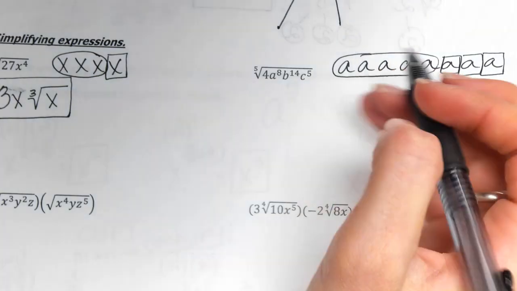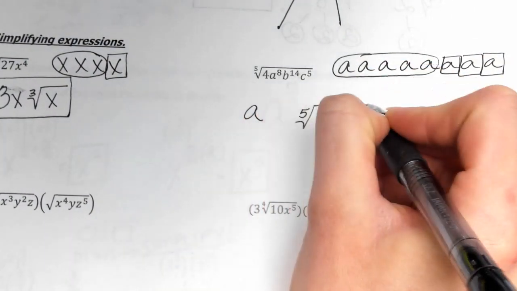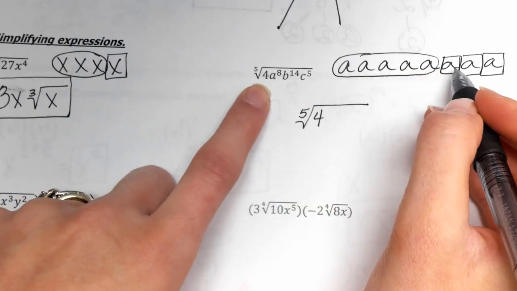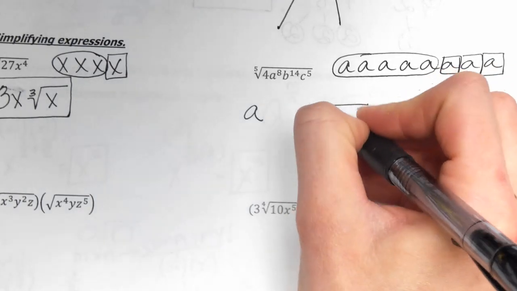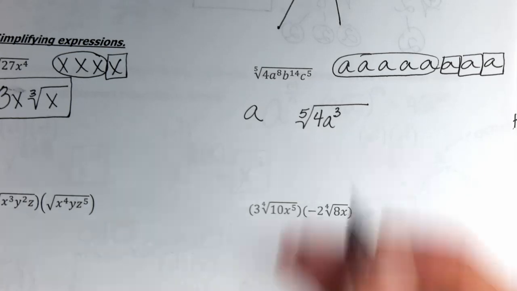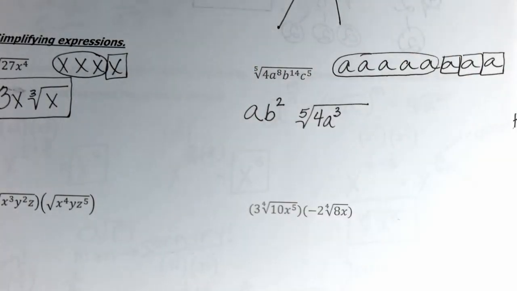Okay? So that means an A comes out. And now I'm going to have 4 from the fifth root of 4. I have 3 A's left over, so that's A cubed. Okay. How many groups of 5 can I get out of 14 for my B? 2. So that would be B squared that comes out.